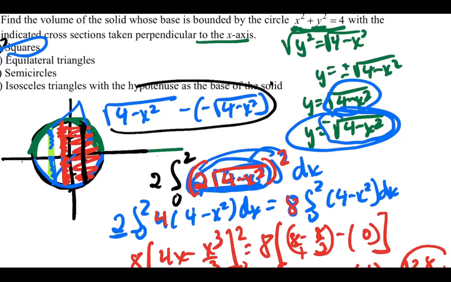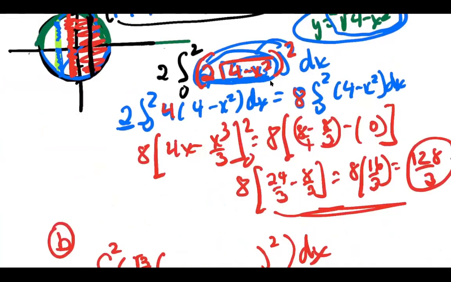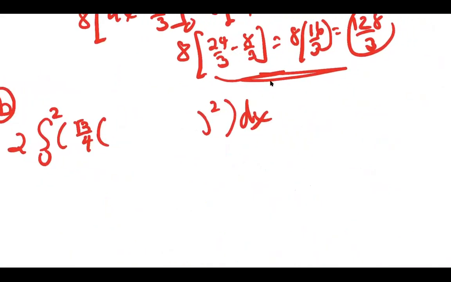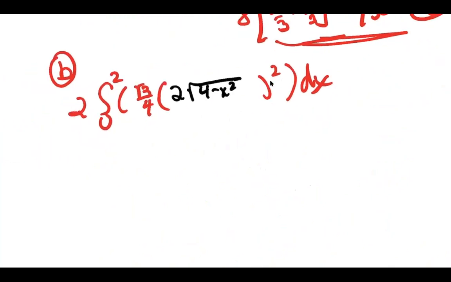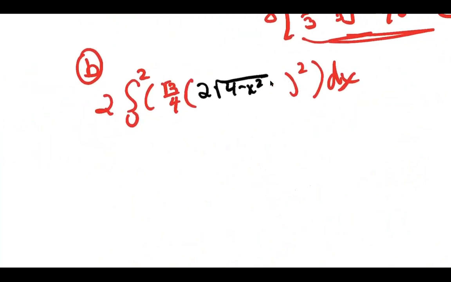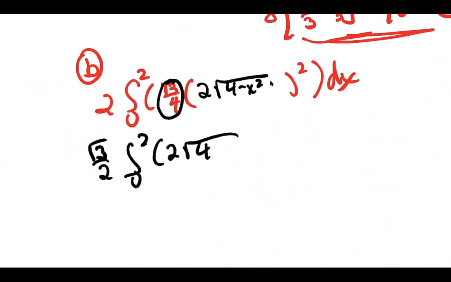So it ends up being 2 of these, square root of 4 minus x squared, squared. Now let's see if we can use our work to our advantage. All right, so if I take this out, that gives me 2 square root of 3 over 4, or square root of 3 over 2, times the integral from 0 to 2 of 2 square root of 4 minus x squared squared.